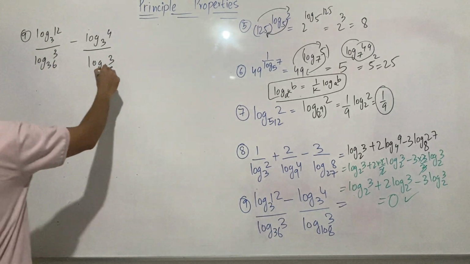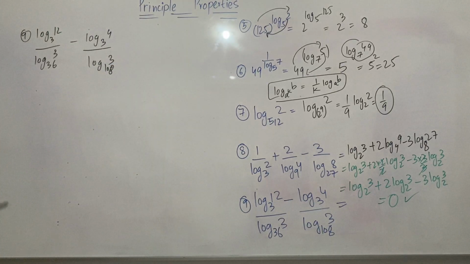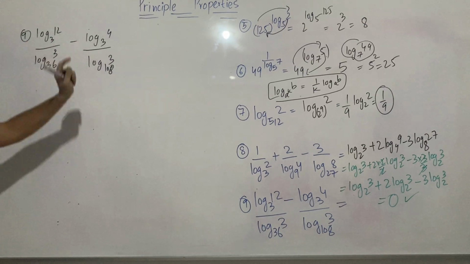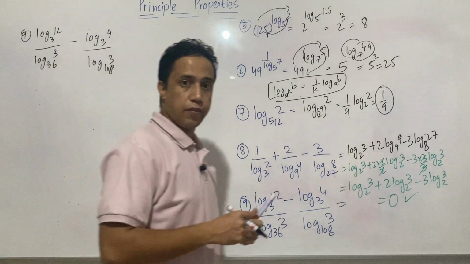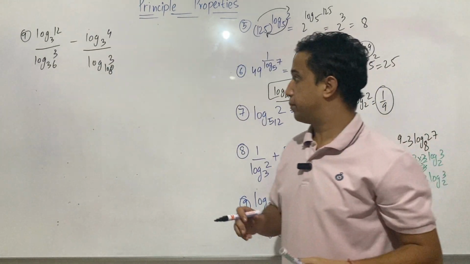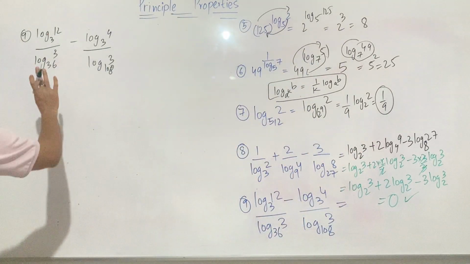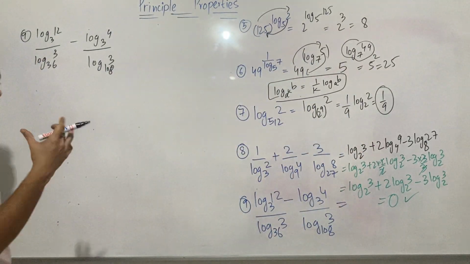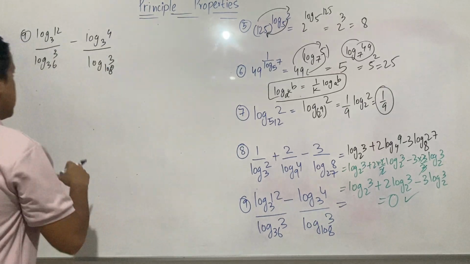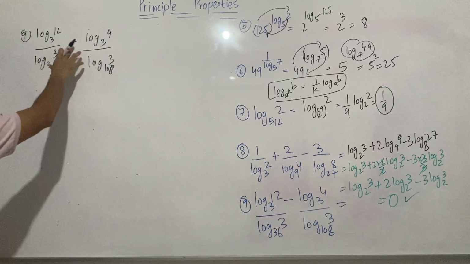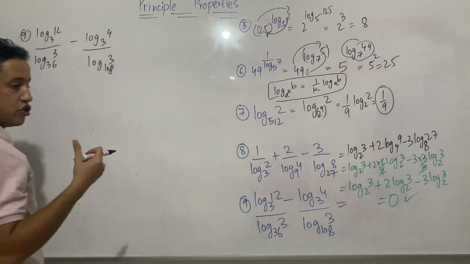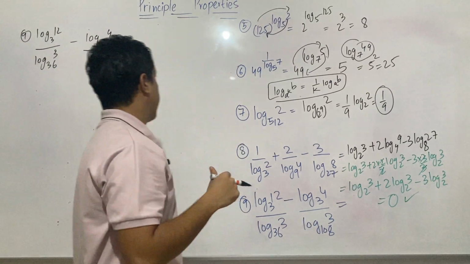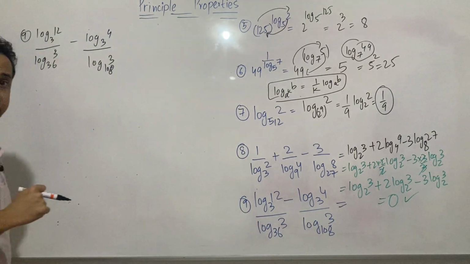Now see here, the base is not the same, so we have to do something to make the base the same. What I can do is make base 3 here. In the numerators I have base 3, but in the denominators I have different bases, right?